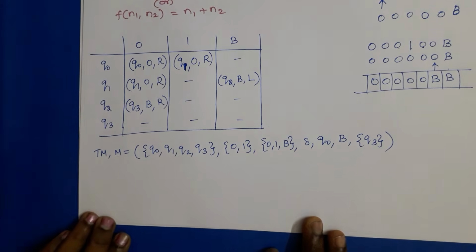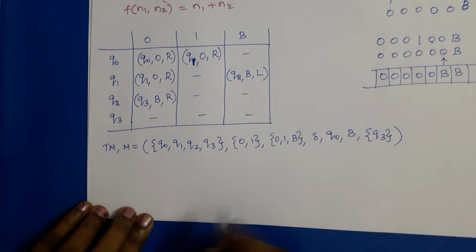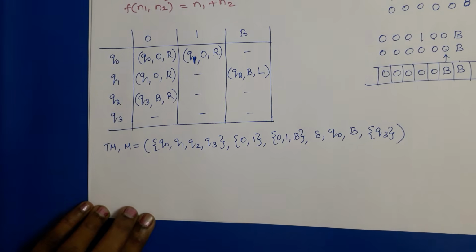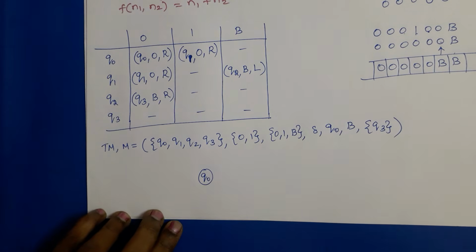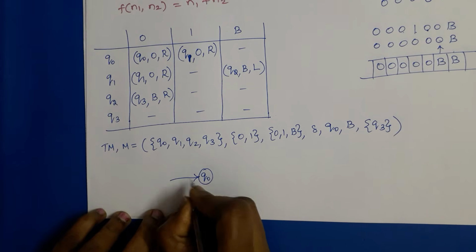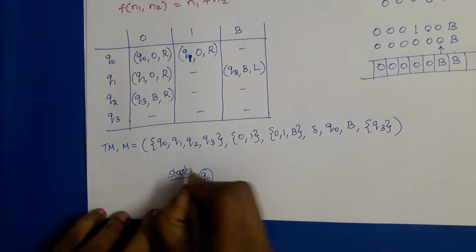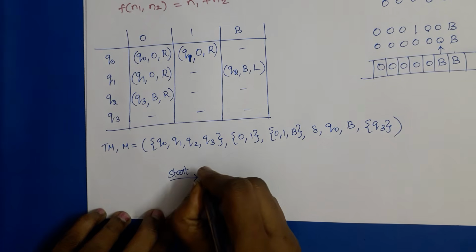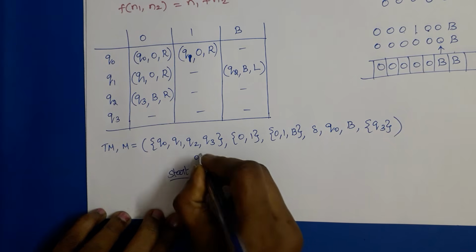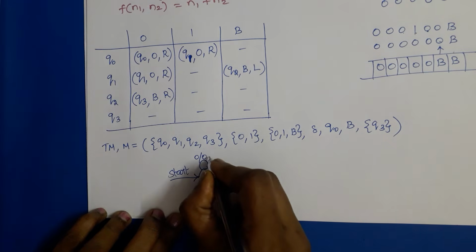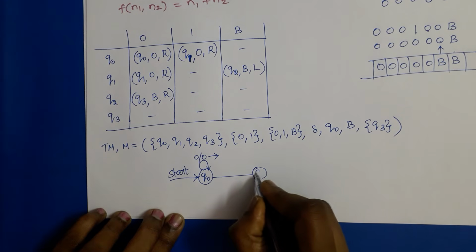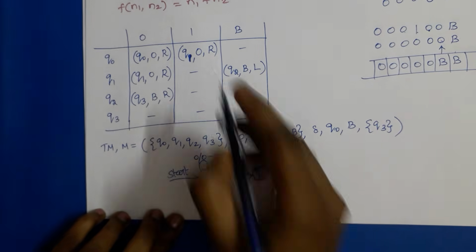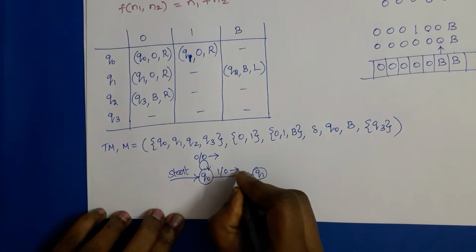Now we can draw the transition diagram also for the same problem. Q0 is the start state. From Q0 to Q0, there is a transition: 0/0 right move. Then from Q0 to Q1, 1/0 right move.